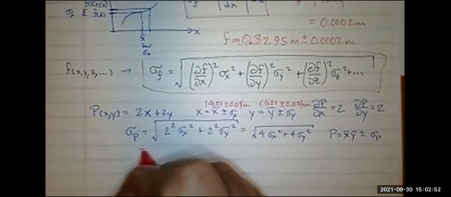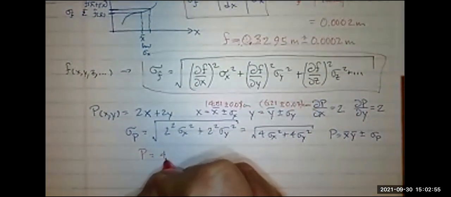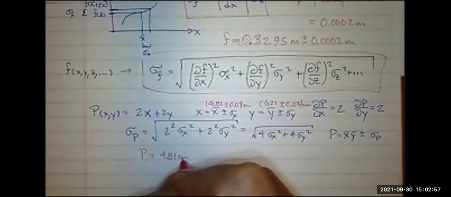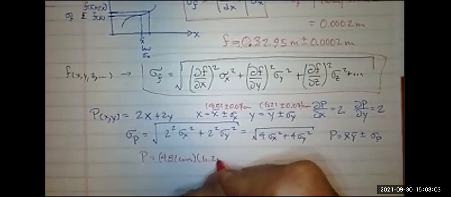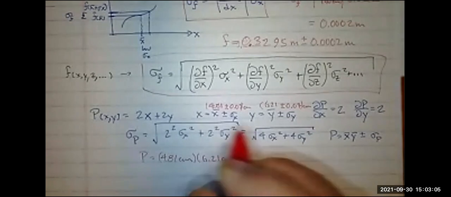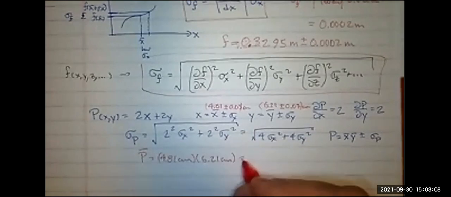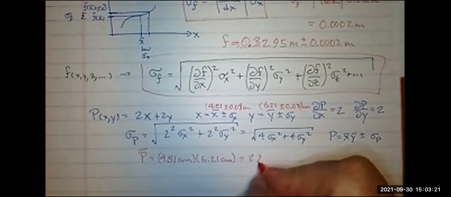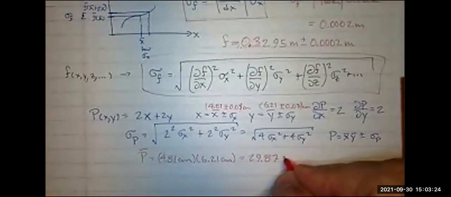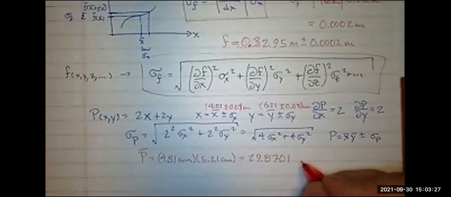So in this case, you get P is equal to 4.81 centimeters times 6.21 centimeters. This is my best estimate of P. And when I do that, I'm going to get 4.81 times 6.21, and I get 29.87. But we still don't know where to round this yet. So I'm going to write all the digits I got, 29.87 square centimeters.